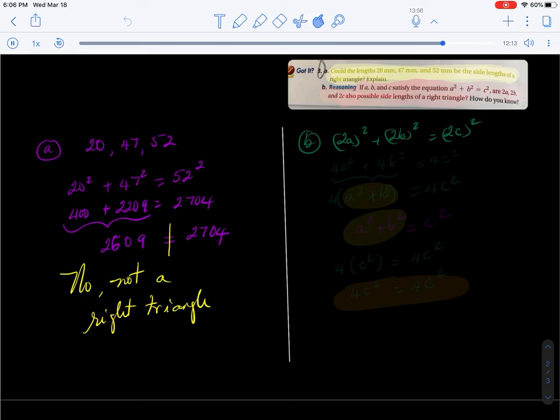Okay, I have done this situation as they asked me if A, B, and C satisfy the equation A squared plus B squared equals C squared. And then I have this information. I'm going to simplify it: 4B squared, 4C squared. Okay, and then I'm going to factor it out.